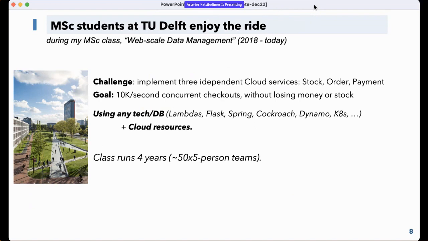And basically, I would like to ask you how many student teams you think made it so far to execute around 10,000 transactions per second with whatever resources they wanted, without losing money and without losing items. Any bets, in the room or online?